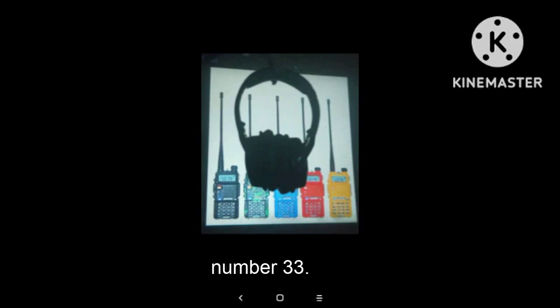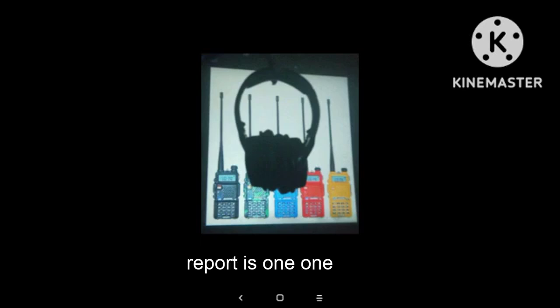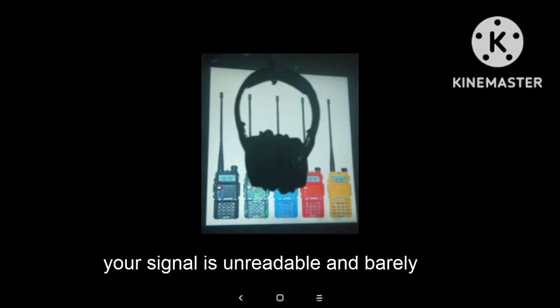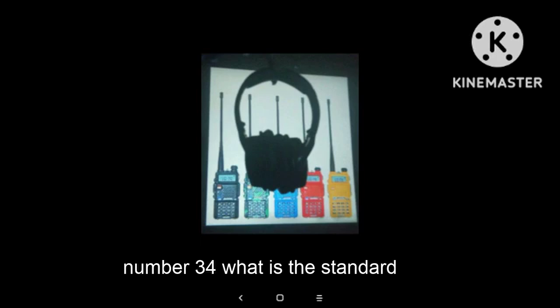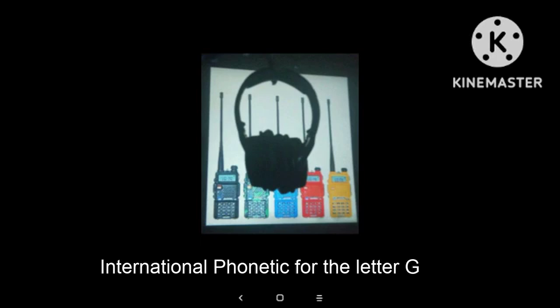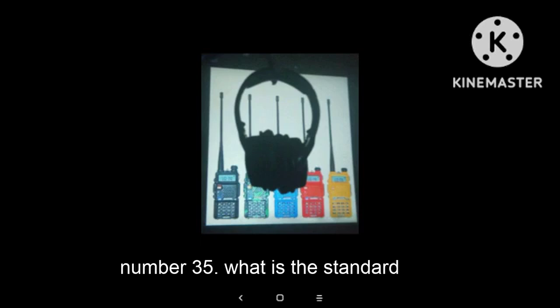Number 33. What is the meaning of your signal report is 1-1? Your signal is unreadable and barely perceptible. Number 34. What is the standard international phonetic for the letter G? Golf. Number 35.